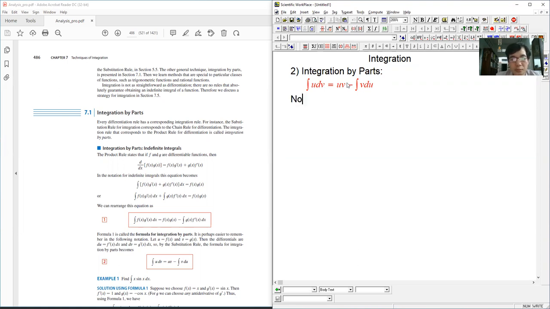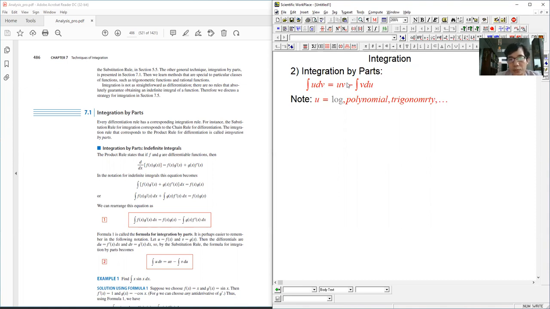To use this formula, we choose u by the priority: logarithm, and polynomial, and trigonometry, and so on.